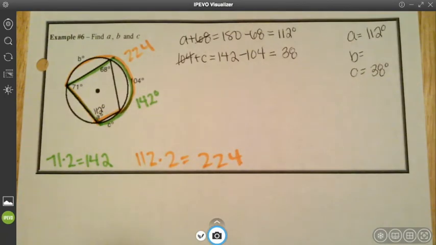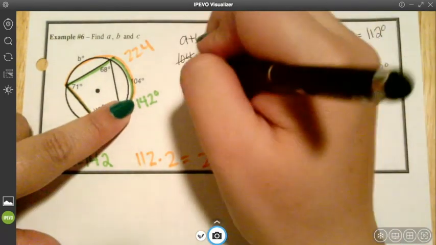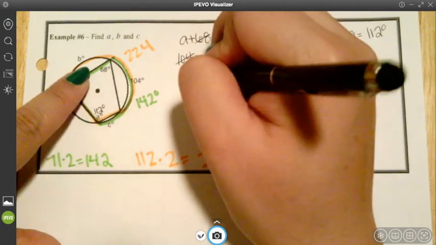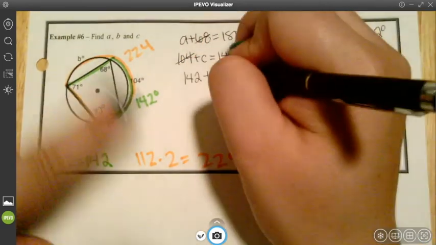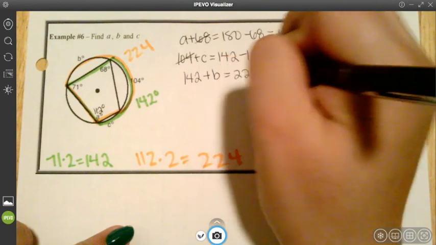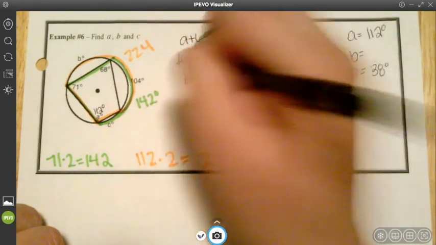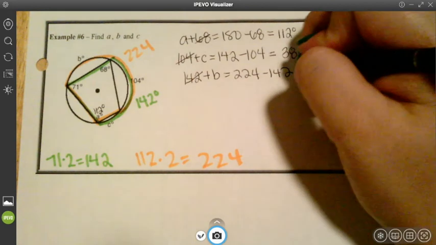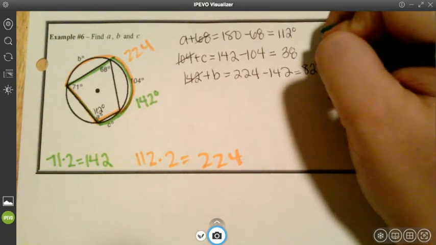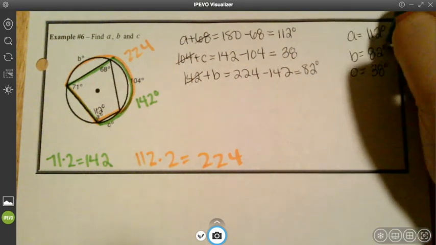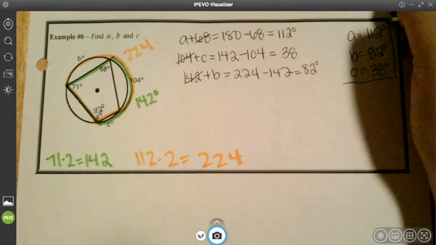That tells me 142 plus B, the entire orange arc there, equals 224, minus 142 equals 82 degrees. So B is 82 degrees.